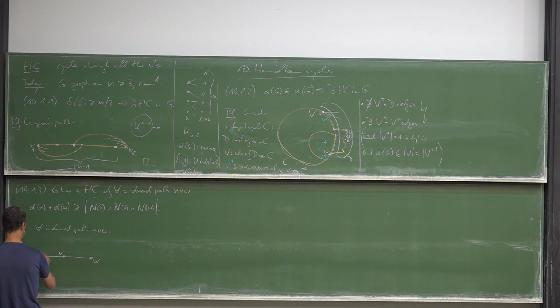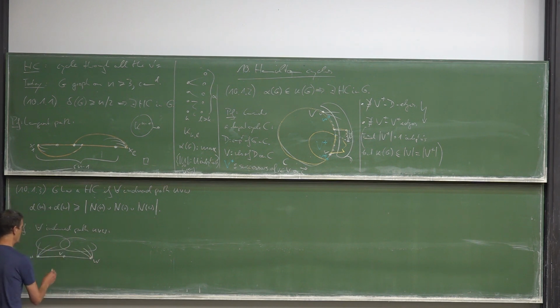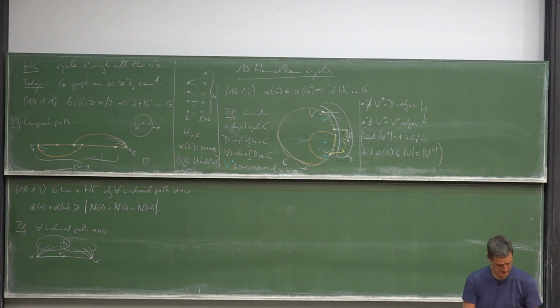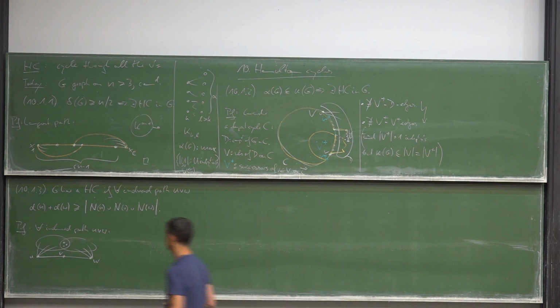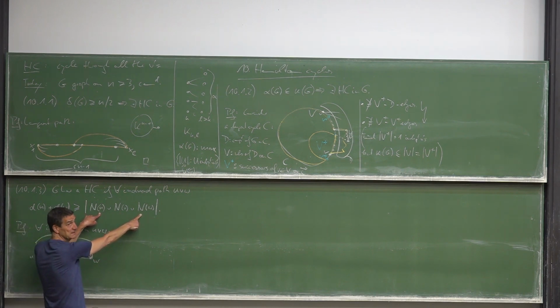So U has some neighbors, and W has some neighbors. Maybe they have some common neighbors. Maybe not. And let's give that union of the two neighborhoods the color green. So that union features here.